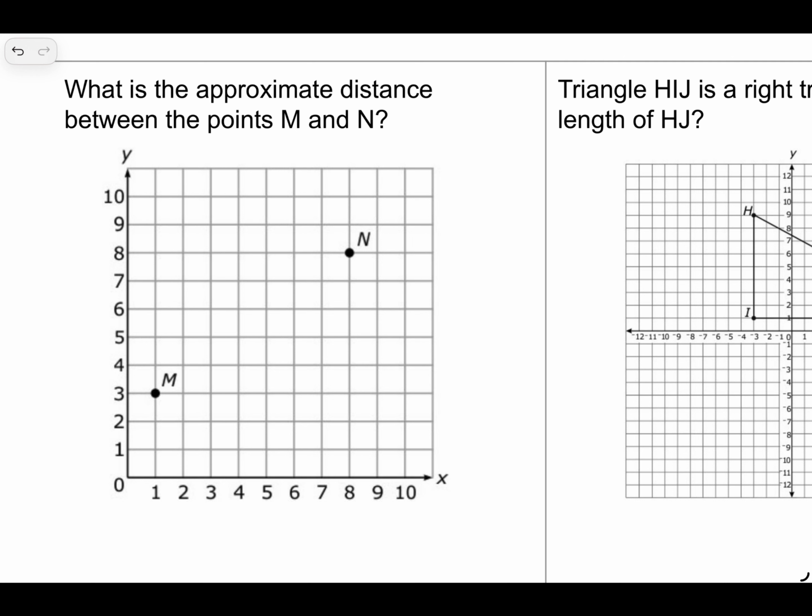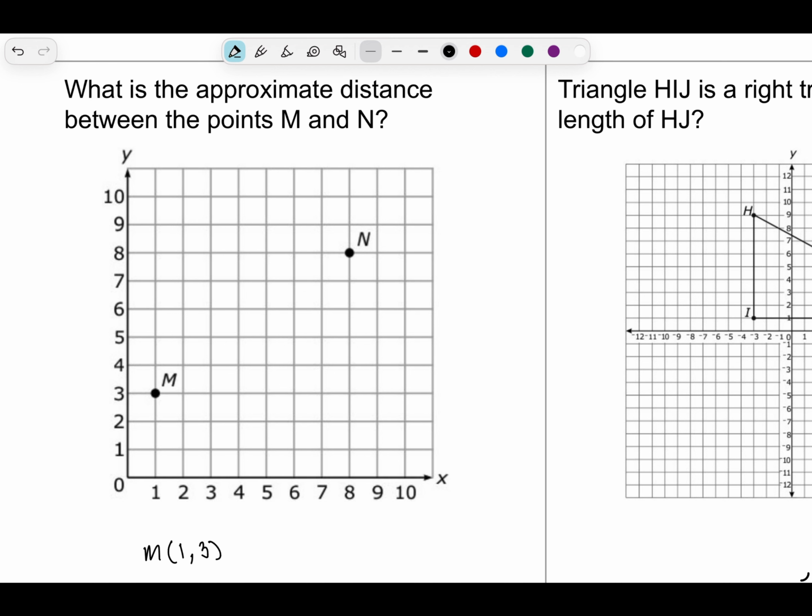Okay? So every time you find an ordered pair, you always start from 0. So from 0, I'm going to go to my X. So M is on 1. And then we go up to it. So that means it's on 3 for my Y value. So the ordered pair for M is going to be at 1 and 3.